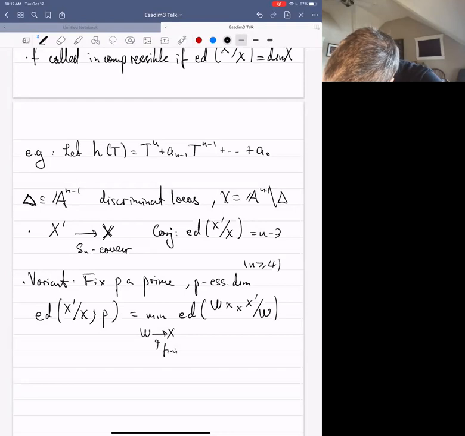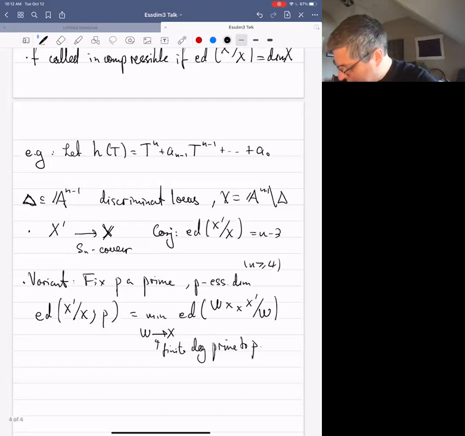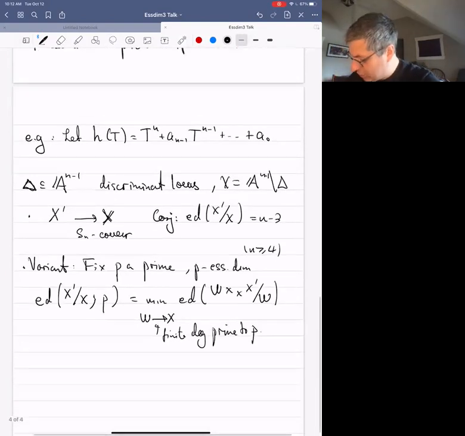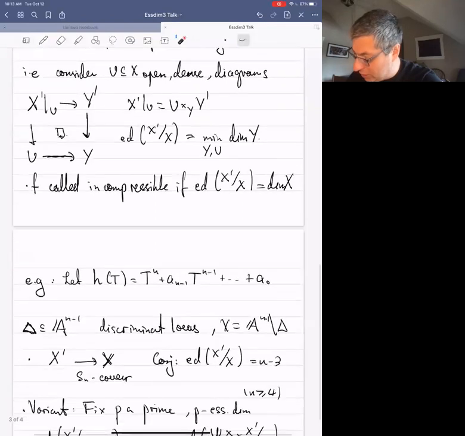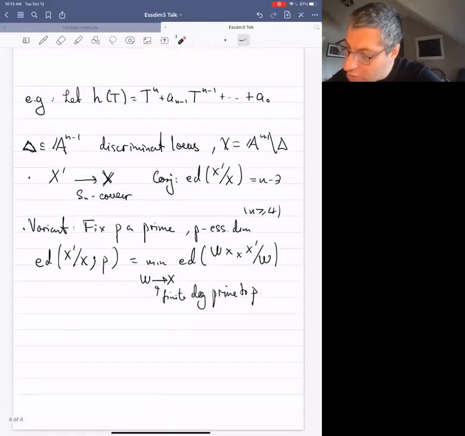finite degree prime to p. You can ignore this if you like. All the results I'm going to state will be in terms of this invariant, but obviously this invariant is always less than or equal to the essential dimension, because I could certainly take W just to be X. So all the results I'm going to state apply a fortiori to our original invariant, the essential dimension, but they'll be stated in this way.